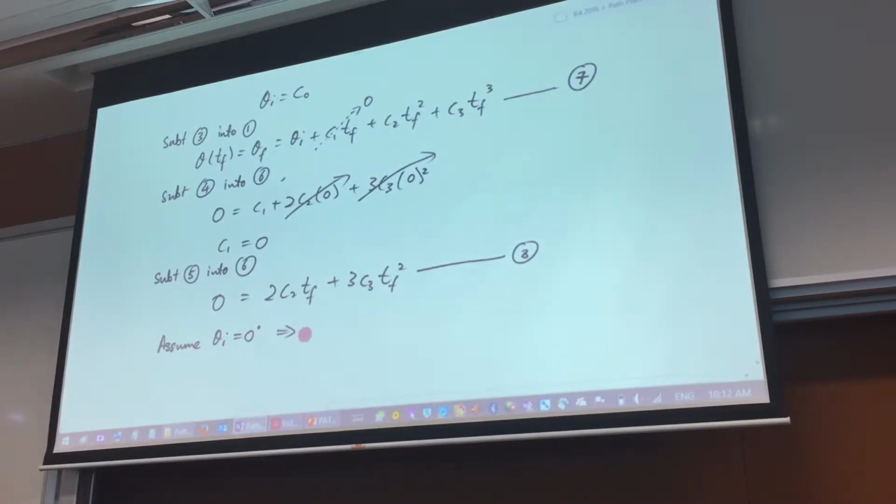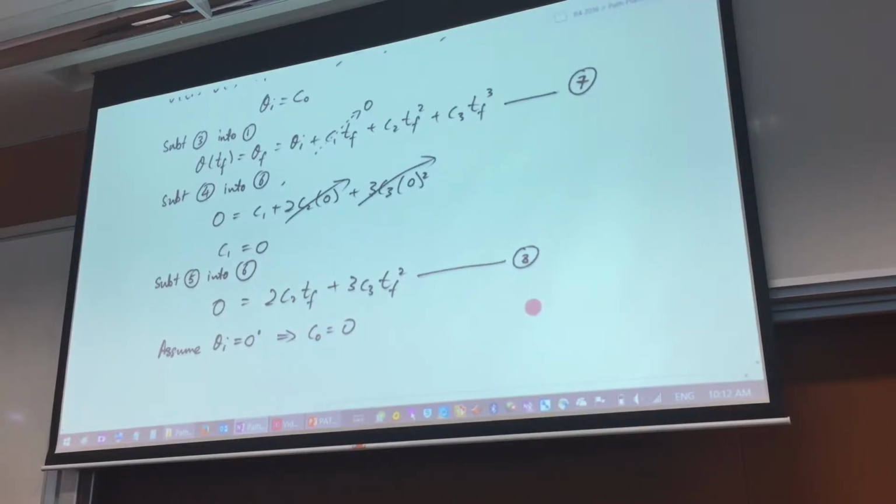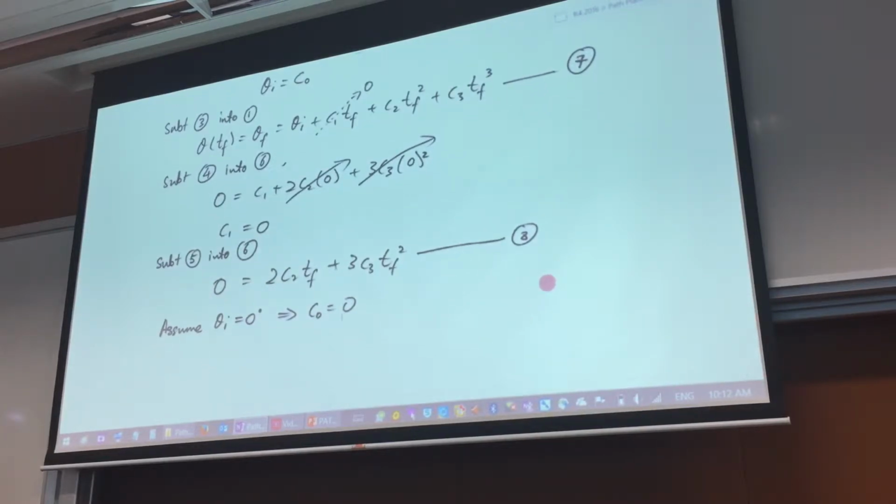If I were to do that, my c naught will be equal to 0, because just now I solved for c naught and said that c naught is equal to theta i. So now if theta i is equal to 0, my c naught will be equal to 0 as well. So let's look at equation 7.